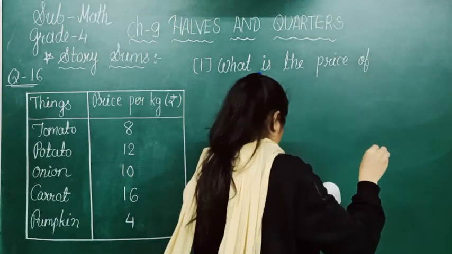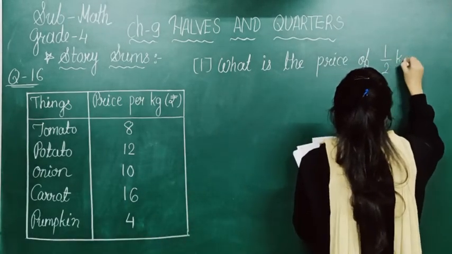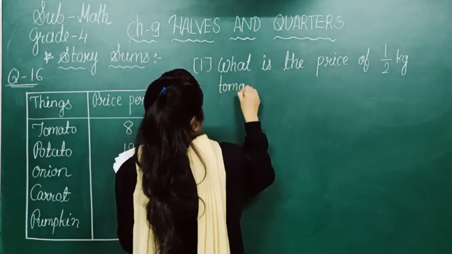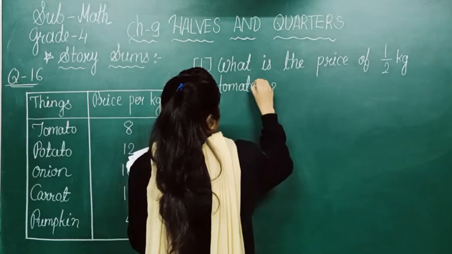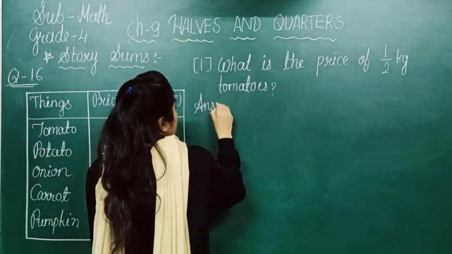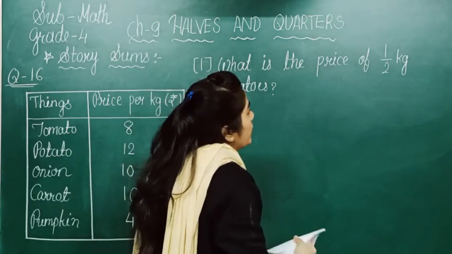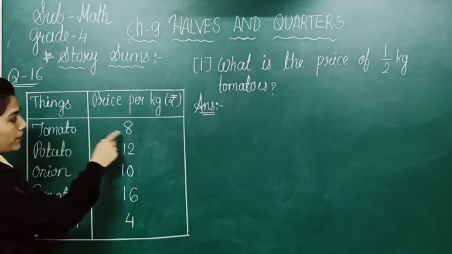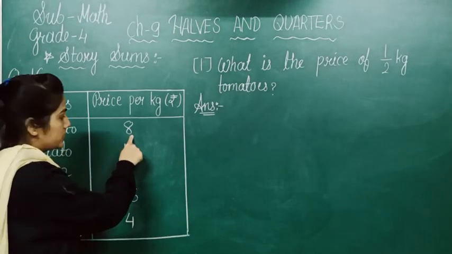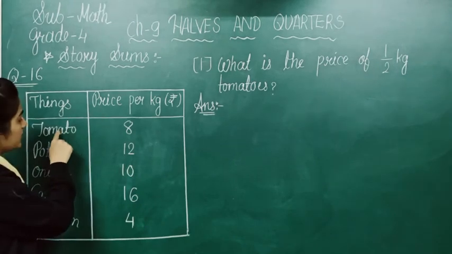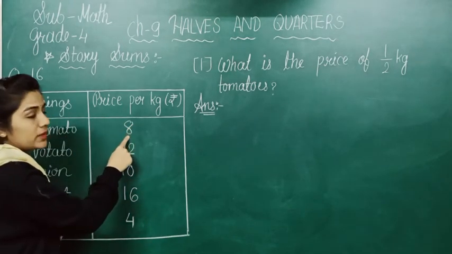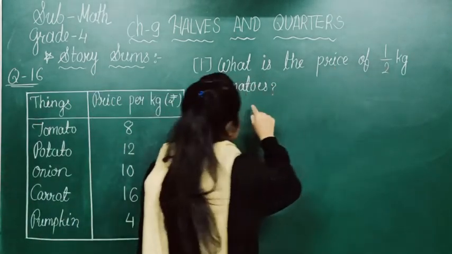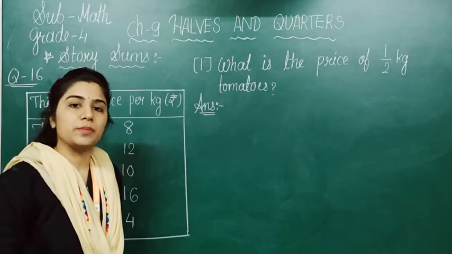We have to find the price of 1/2 kg tomatoes, and you can see here in front of tomato the price per kg is given ₹8, right? Again I am repeating, in front of tomato in the table the price per kg is given 8. So what do we need to find? Price of 1/2 kg tomatoes, means we have to find the price of half a kg of tomatoes.